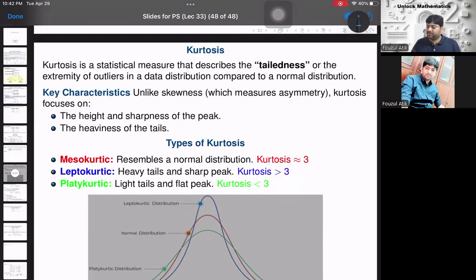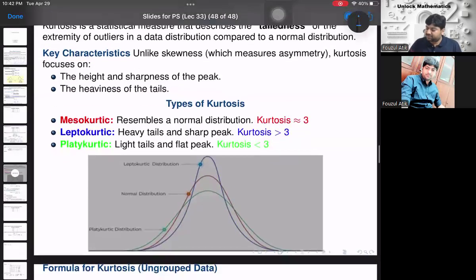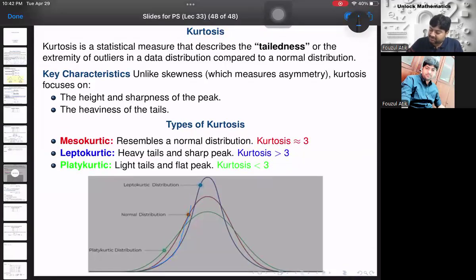Look at this picture. Suppose this red curve is the normal distribution, right? Then kurtosis describes the height and sharpness of the peak. If the kurtosis is more, then the height and the sharpness will be more, like the blue one.